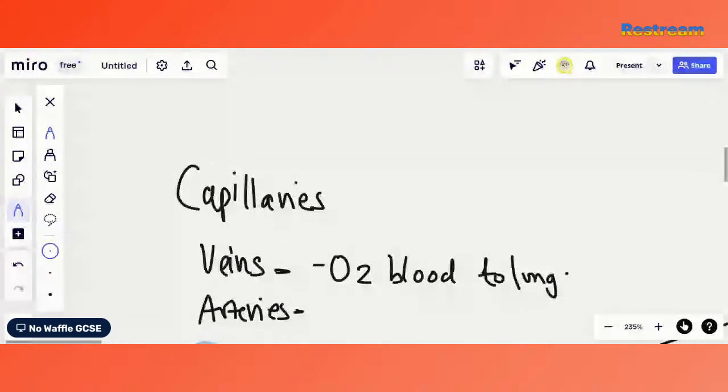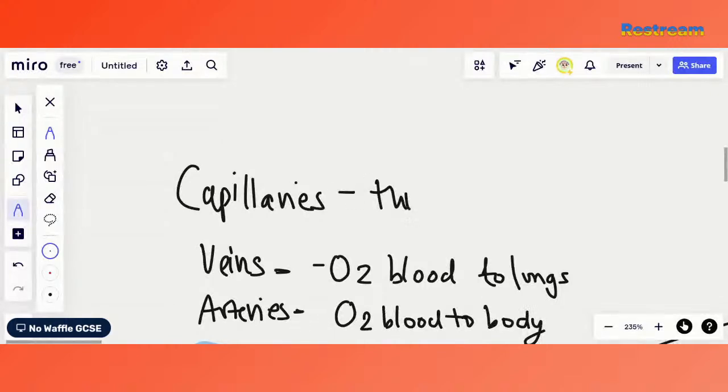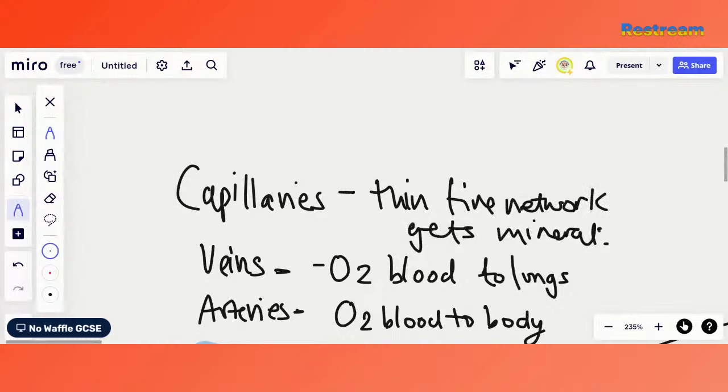Arteries carry oxygenated blood to the body, so from the heart to the body. And the capillaries are just this thin, very fine network which allows minerals and different dissolved substances to diffuse through into the bloodstream.